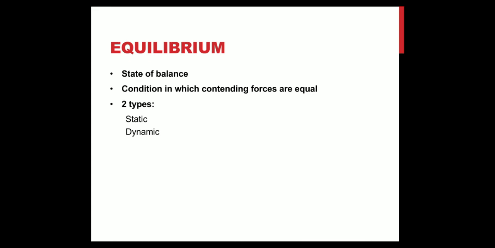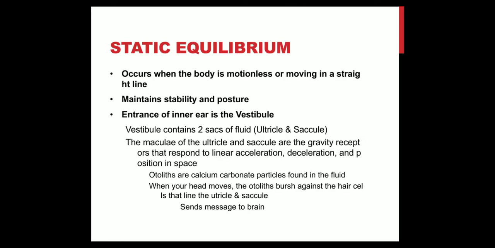Equilibrium is a state of balance, a condition in which contending forces are equal, and there are two types: static equilibrium and dynamic equilibrium. Now let's see static equilibrium. It occurs when the body is motionless or moving in a straight line, meaning linear, horizontal motion.